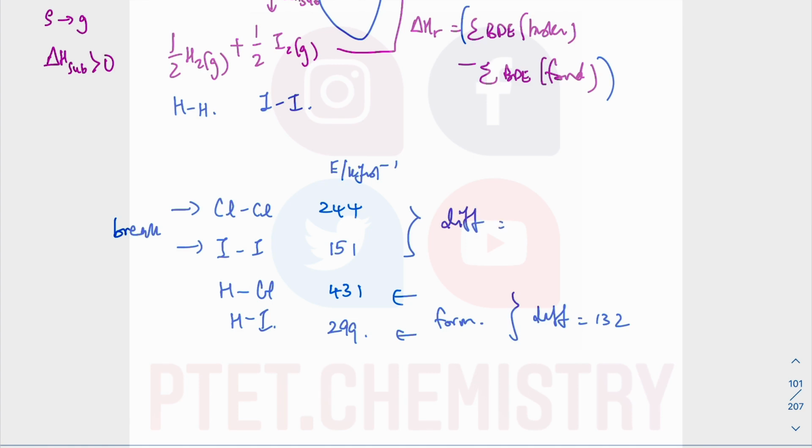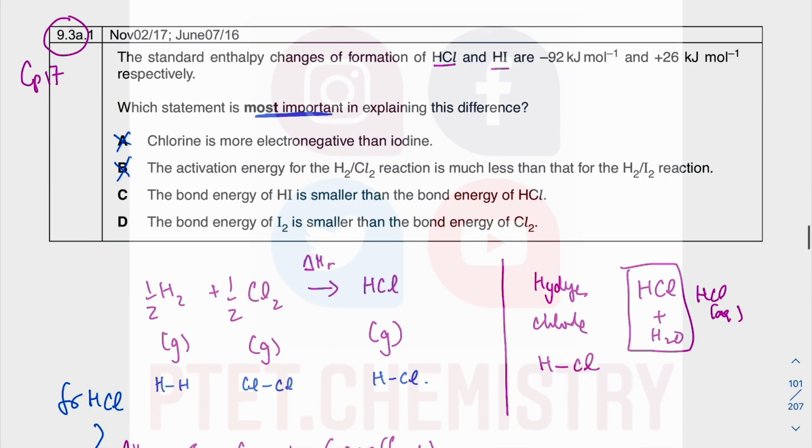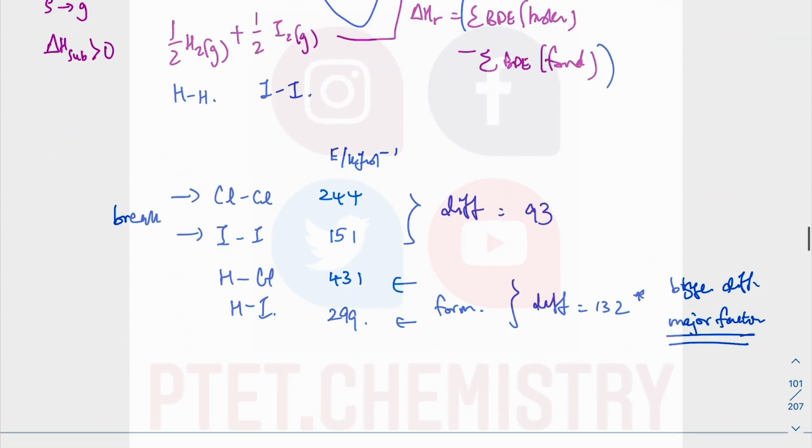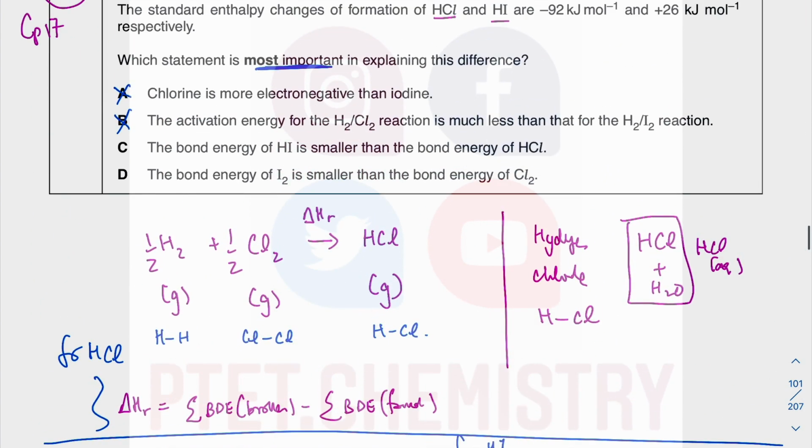The difference for 244 minus 151 is only 93. This is a bigger difference. It is the major factor accounting for the difference in reactivity as well as the enthalpy change for their values to be different. It has to come down to which one is making a bigger difference. The bigger difference is between the hydrogen halide bond energy, so that is just down to C as the most important factor.